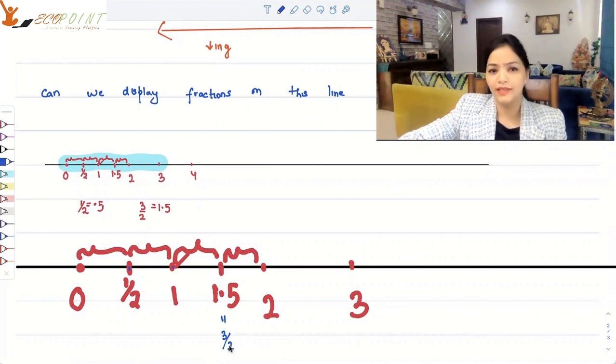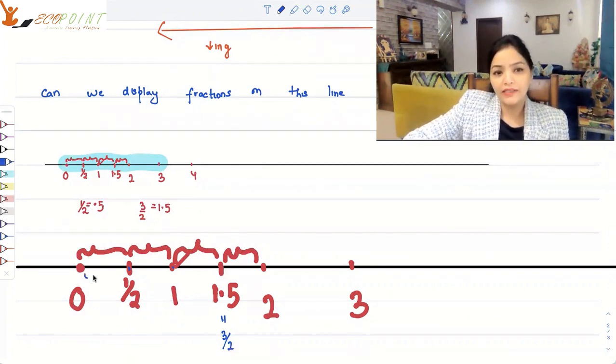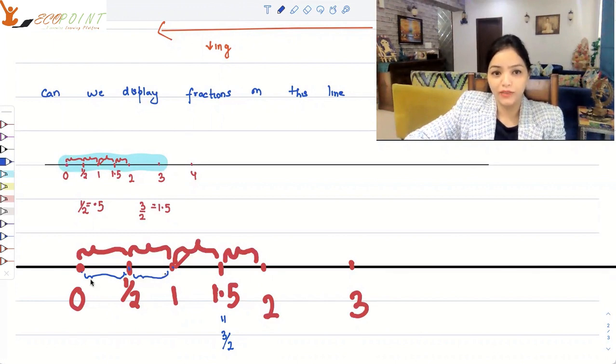So what essentially is happening? If I take this distance as 1 unit, and I take an equal amount again, it makes it 2 units. Instead of thinking in terms of 0 and 1, you take that this is 1 unit and this is 1 unit. So this is in total 2 units.